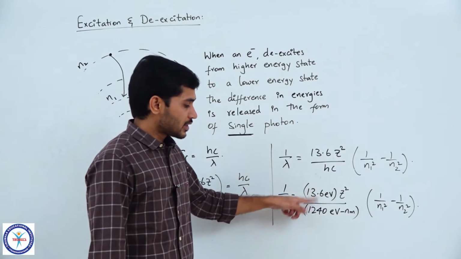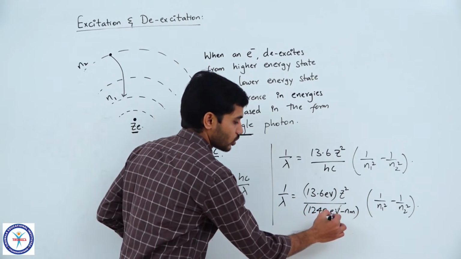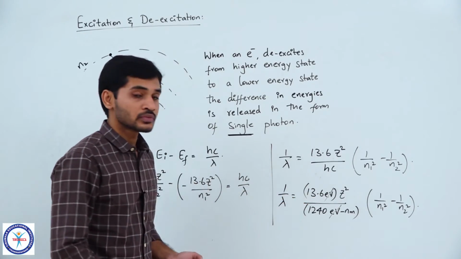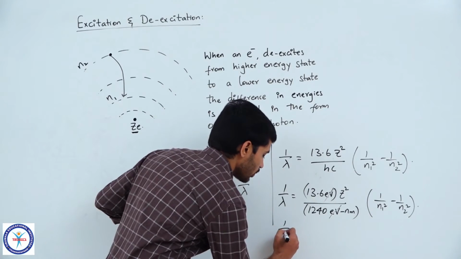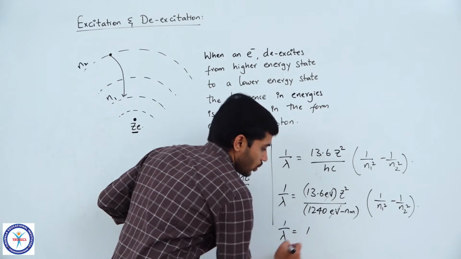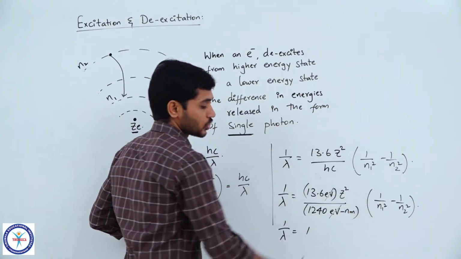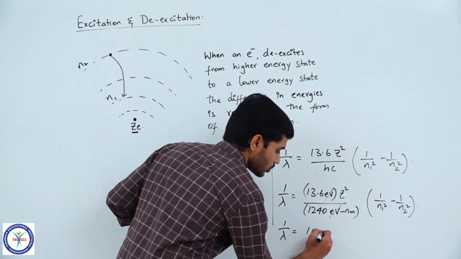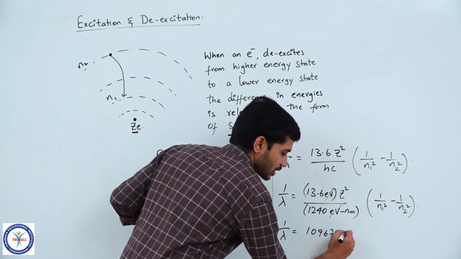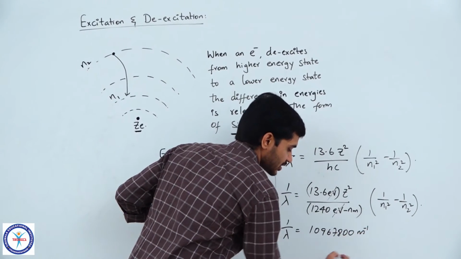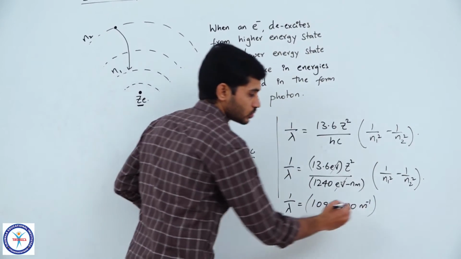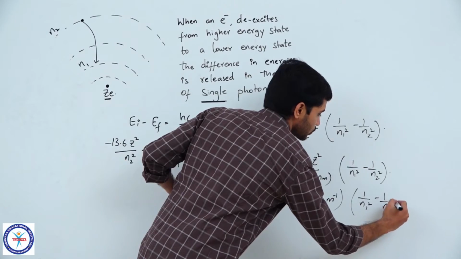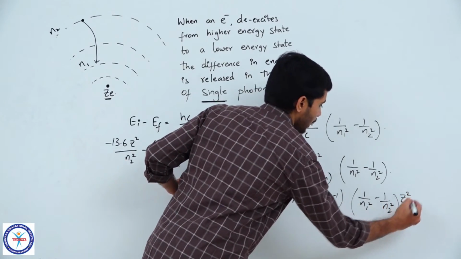So simplifying this, electron volt and electron volt get cancelled, and when you simplify, nanometer, when it goes to the numerator, becomes 10 power 9, and simplifying this will give you 1 by lambda is equal to 10967800 meter inverse into 1 by n1 square minus 1 by n2 square into Z square.